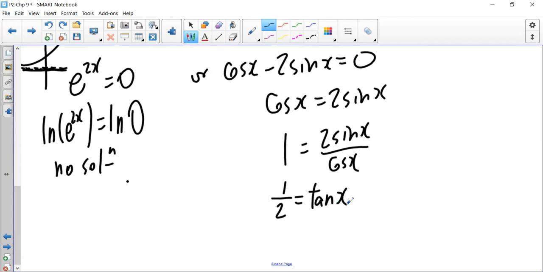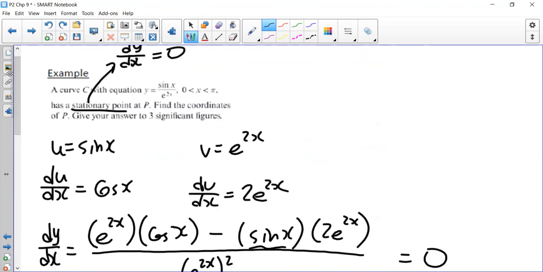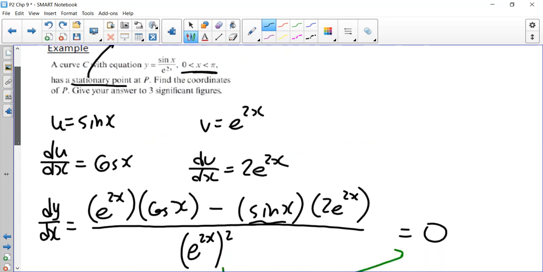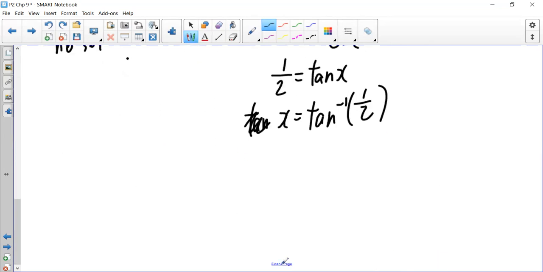Then we can inverse tan: x equals inverse tan of a half. If you do arctan of a half in the calculator, it's in radians, not degrees. Radians. The domain is from 0 to pi. So when you do inverse tan of a half, you get 0.464.